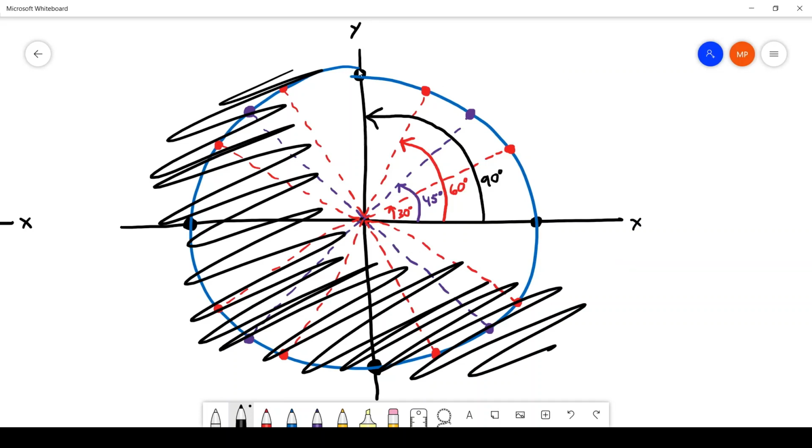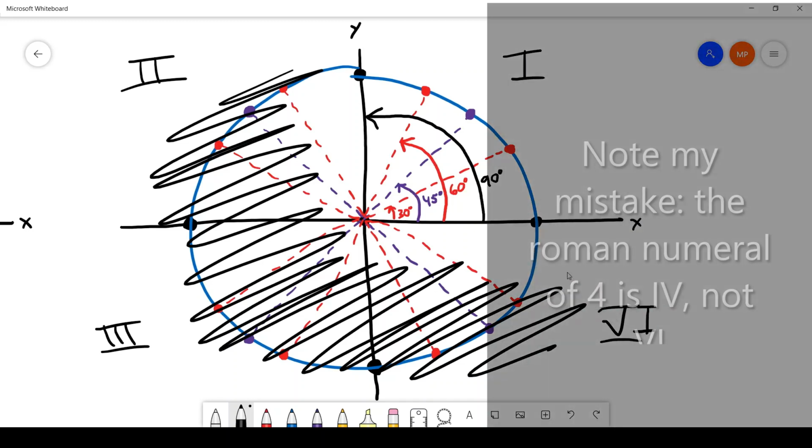of our two-dimensional grid. Remember, the first quadrant is on the top right, the second quadrant is on the top left, the third quadrant is right below that on the bottom left, and then the fourth quadrant is to the right of the third quadrant, which is on the bottom right.